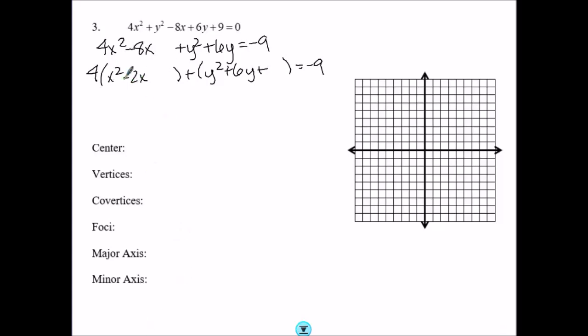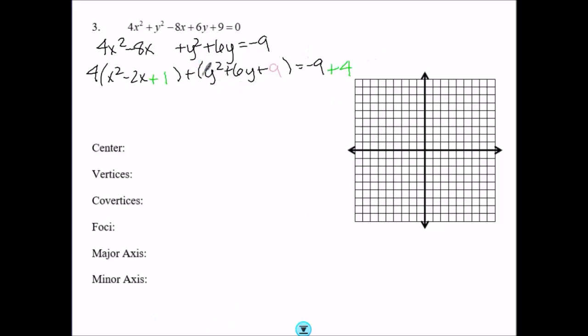For the x's, if I do b divided by 2 squared, I get 1. And for the y's, if I do b divided by 2 squared, I get 9. Before you add to the other side, you need to be careful. For the x's, there is a GCF out in front, so we need to make sure that we multiply 4 times 1, so we'll actually be adding 4 to the right side of the equation.